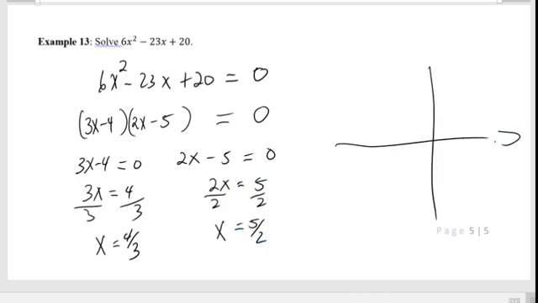And really, these numbers that you just found are going to be on this number line here. So you'll have 1 point here and 1 here. We can say this is 4/3 and 5/2. And that's why factoring is important, because it's going to help us to find these numbers in chapter 2.